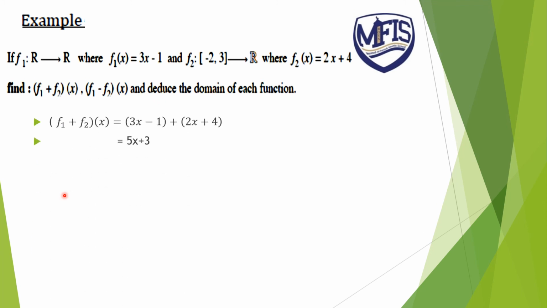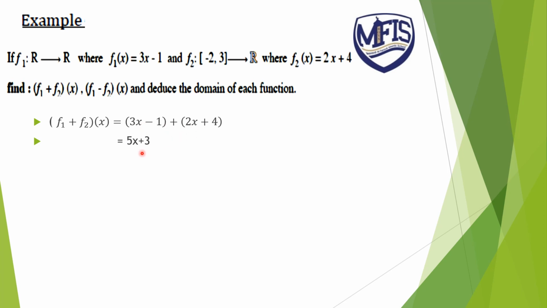First, f1 plus f2 has the rule 3x minus 1 plus 2x plus 4. Add the like terms: 3x plus 2x, we get 5x, and negative 1 plus 4 we get 3.